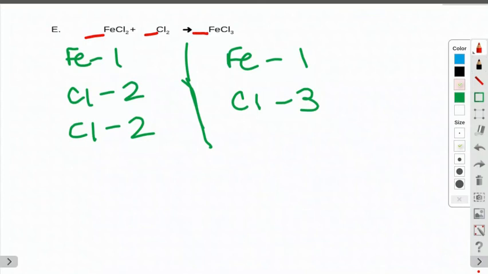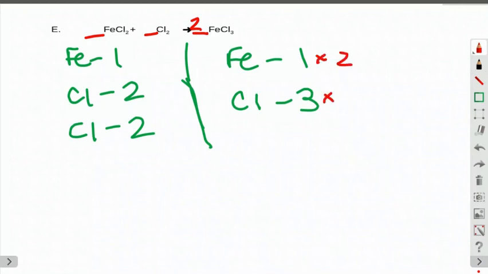When you don't have a certain way to figure out how to balance, I would always start with a low number. In this case, I would start with putting a 2 in front to see how that will change your reaction.